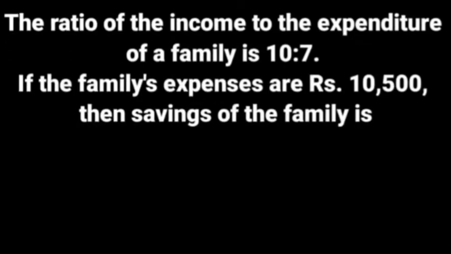Here it asks: the ratio of the income to the expenditure of a family is 10 is to 7. If the family's expenses are 10,500, then the savings of the family is. So the income and expenditure ratio is given, and the family expenses are also given. They are asking for the family savings. Income is 10 parts and expenditure is 7 parts, so clearly 3 parts is the savings.